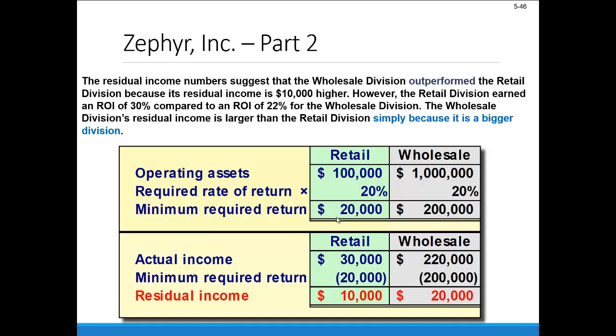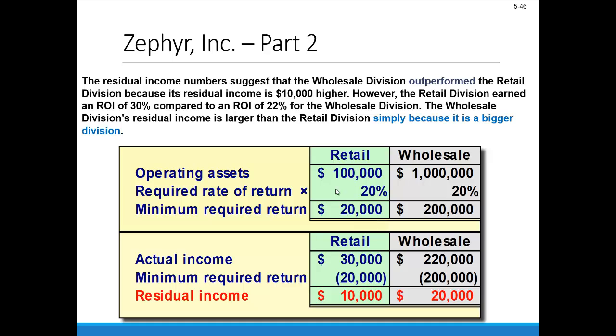So we really want to think about the rate of return for each of these two divisions. The wholesale division generated return on investment of $220,000 divided by $1 million in assets, or 22%. The retail division generated income of $30,000 on assets of $100,000, which is an ROI of 30%.